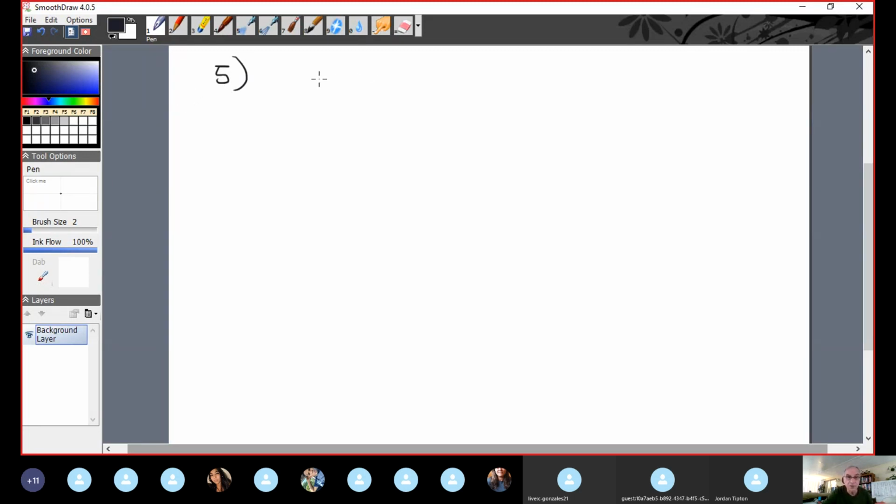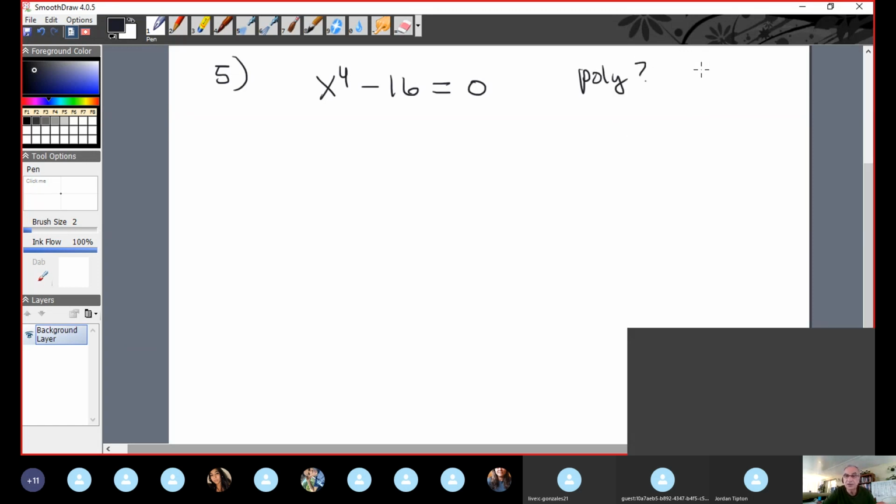X to the 4th power minus 16 equal to 0. Is it a polynomial, yes or no? Yes. What is the degree? 4. How many solutions do we expect when we finish? 4 solutions. Good. What formula do you propose?